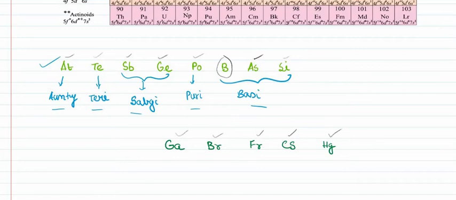So there is another mnemonic. Ga, Br is Gabbar, Fr is Fir, Cs is Kaise, Hg mercury is Marega. Gabbar Fir Kaise Marega is the mnemonic for remembering all the liquid elements.